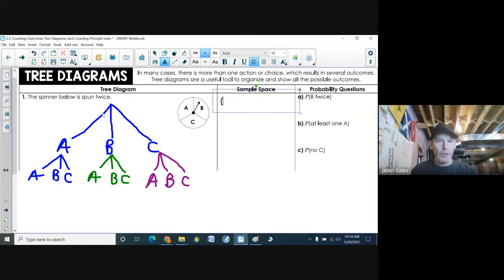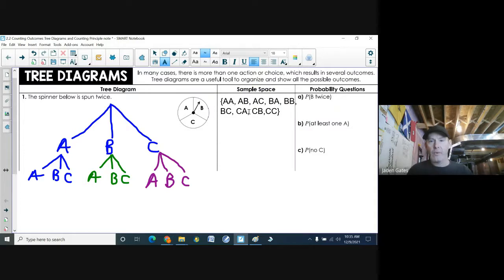Off the first tree branch, I could get an A and then an A, an A and then a B, and an A and then a C. Off the second part of our branch, where we get a B first, I could get a B and then an A, a B and then a B, and a B and then a C. In the third part of our branch, where you get a C first, you could get a C and then an A, a C and then a B, and then, well, two C's. And that is our entire sample space, all the possibilities of what we could get.